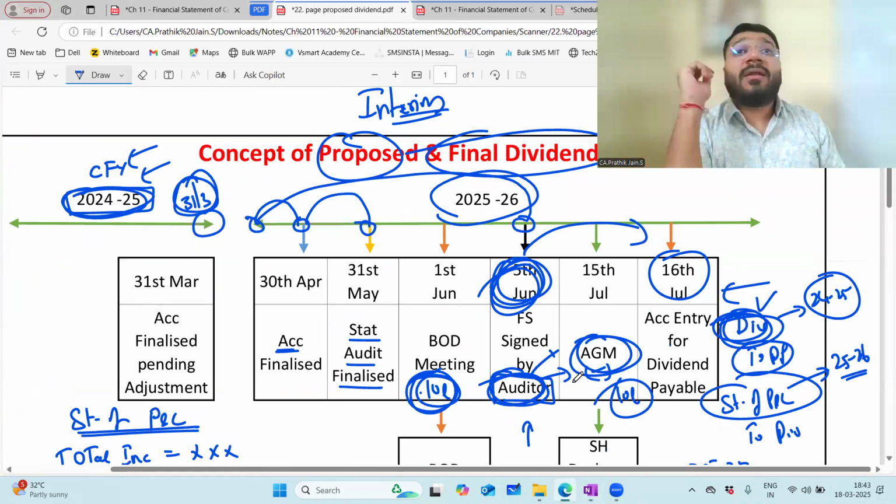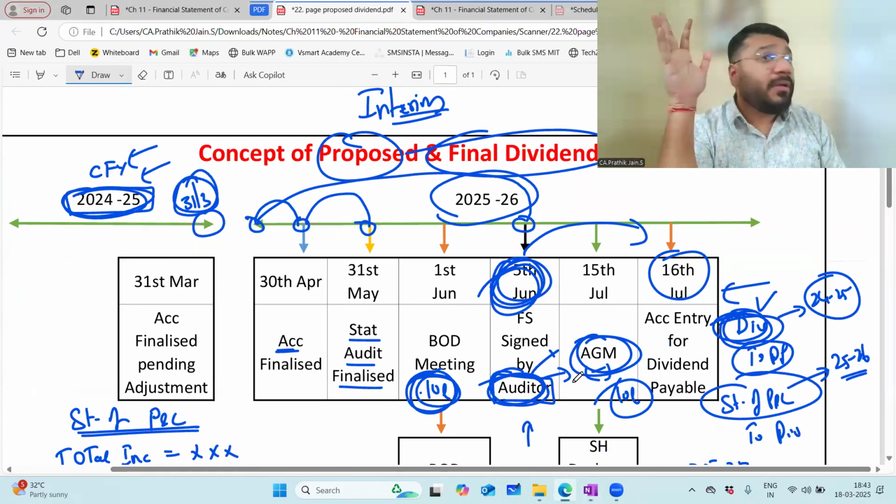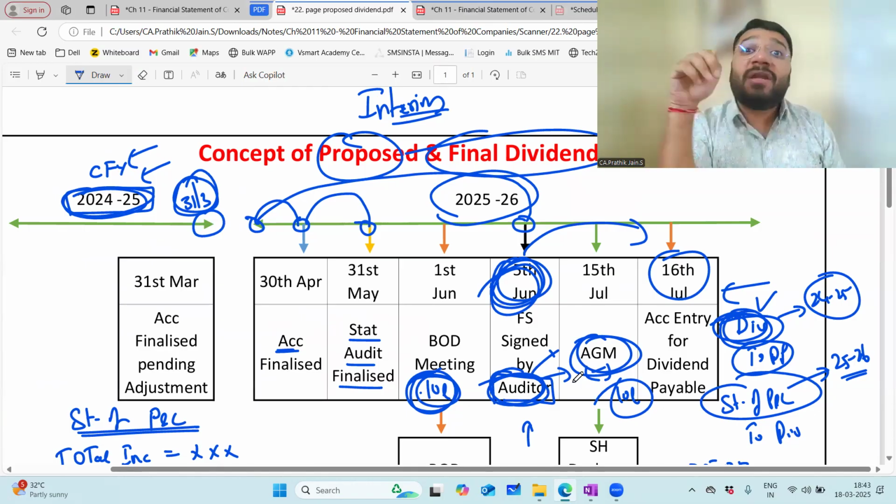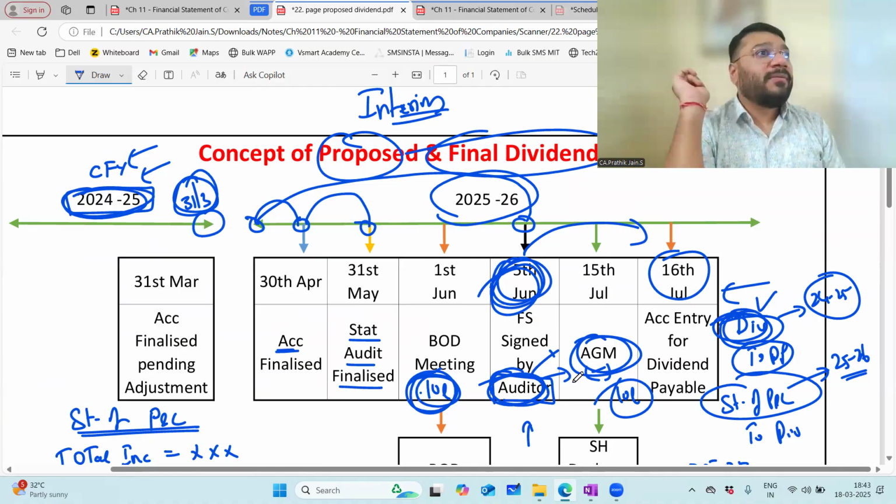Now, the big question is, sir, why for interim dividend the approval of the shareholders is not required? If I keep on calling the shareholders for every meeting, let's say in a year, I'm giving 4 interim dividends, every quarter. If I keep on calling shareholders, come to the meeting, I want to declare dividend, come for approval. If I keep on calling that gentleman, what will he say?